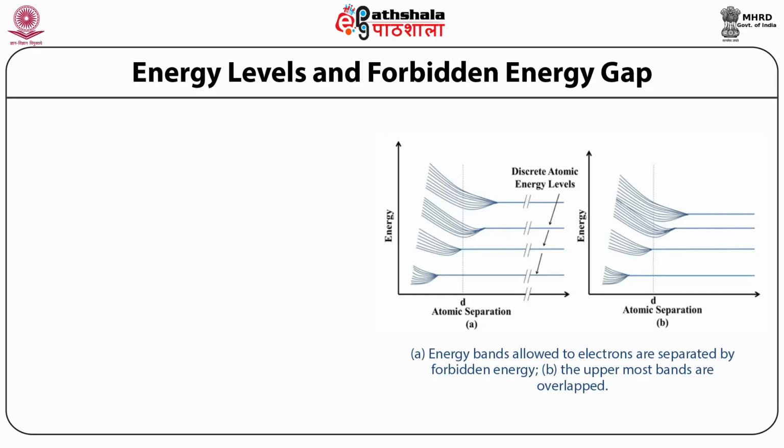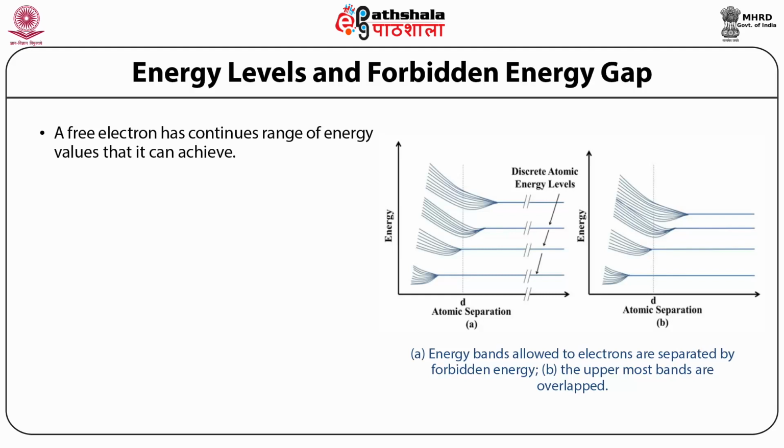Here we will be discussing the origin of the energy levels and forbidden energy gap. A free electron has continuous range of energy values that it can achieve. They're basically the state of the electron in the crystal.